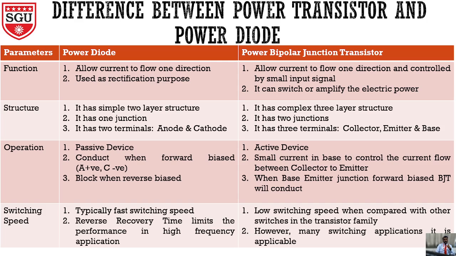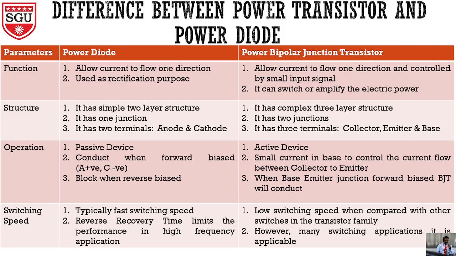Why is it a passive device? There is no other terminal to control the switch, it will not amplify the power, or it will not vary the power. At the same time, the power bipolar junction transistor is an active device. It can control the power and it can amplify the power as well.